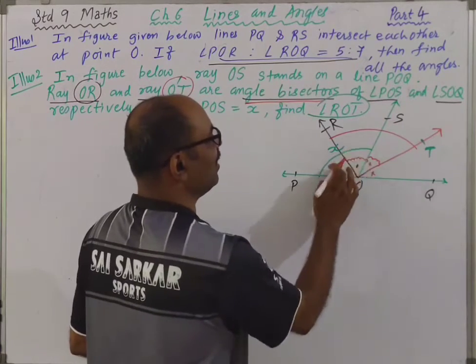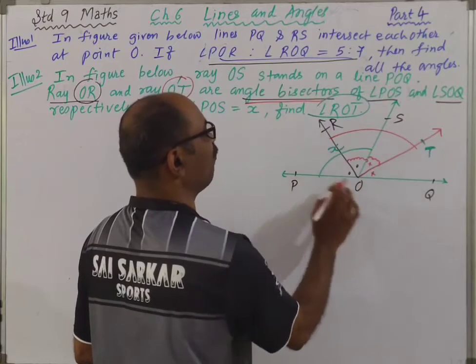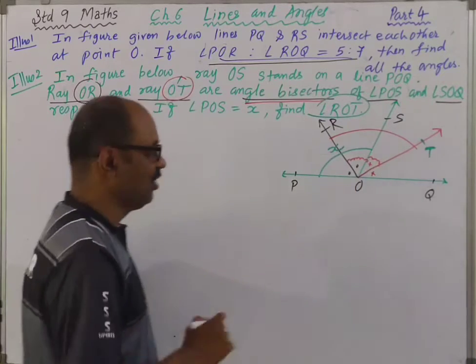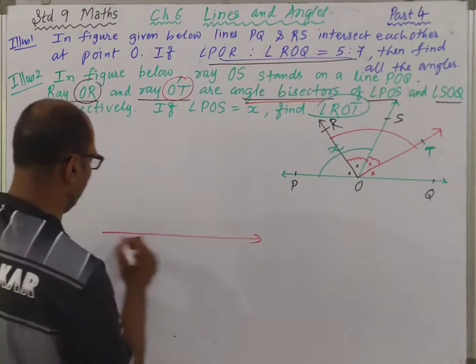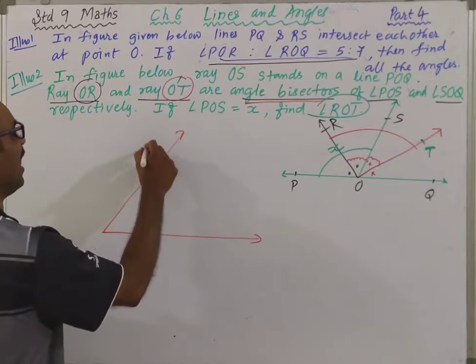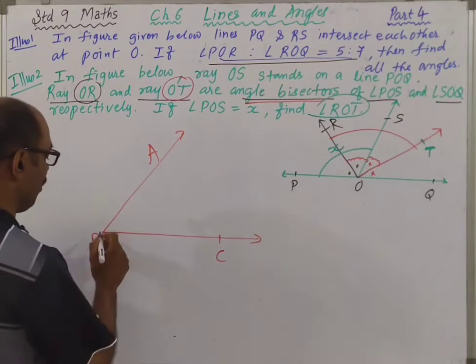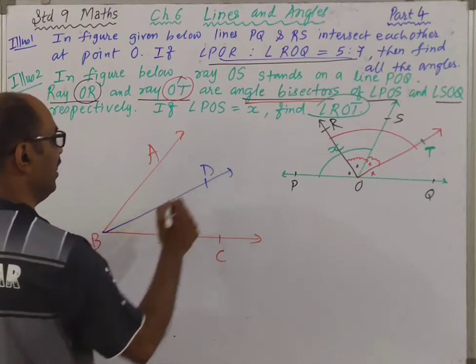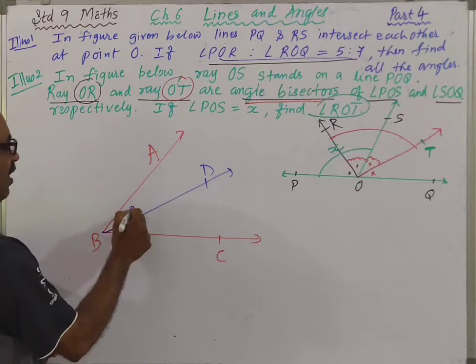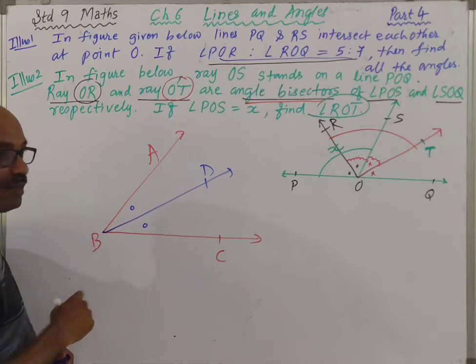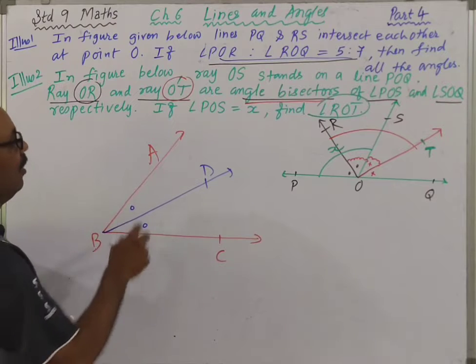Now this angle and this angle are equal, which is half of POS. Let me tell you one thing. Please pay attention. Here, this is angle ABC. If ray BD is the bisector of angle ABC, then these two angles are equal. See that symbol that I am showing you?